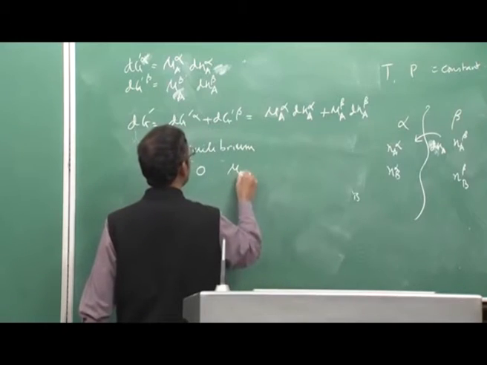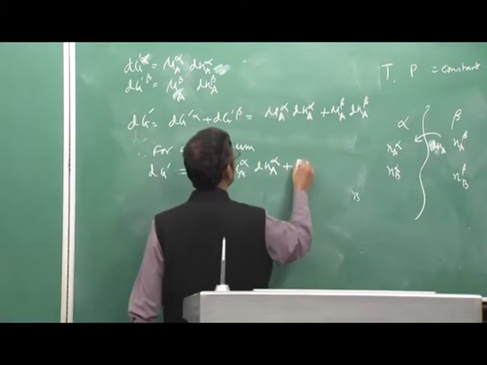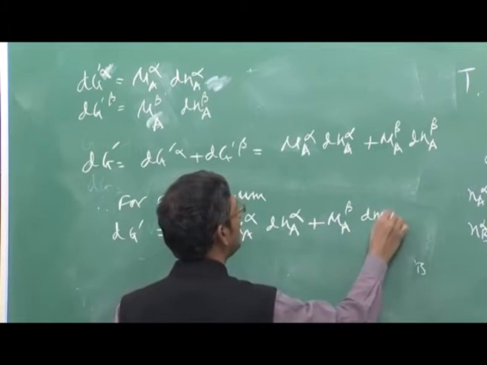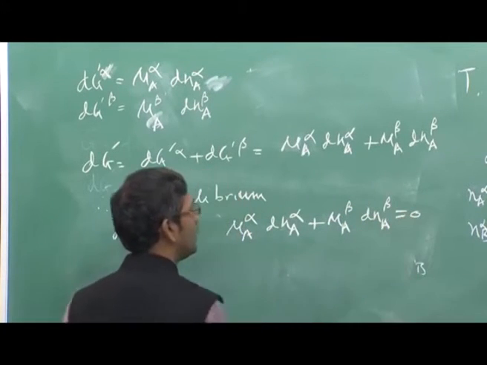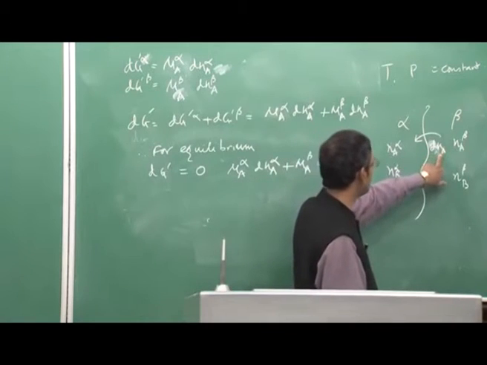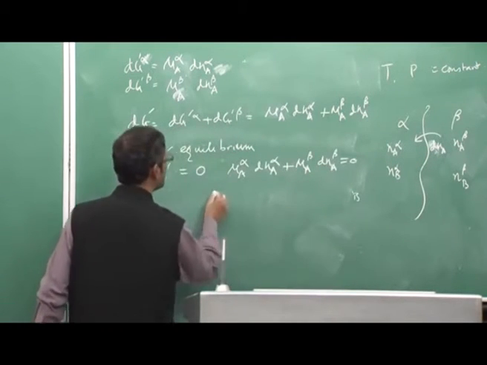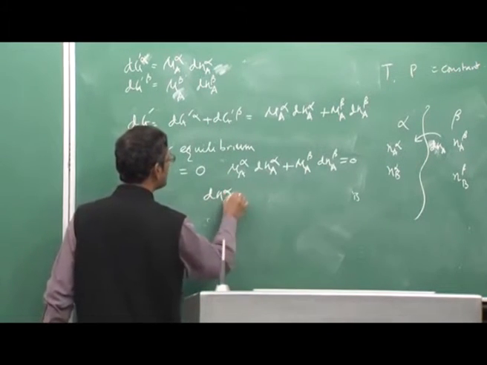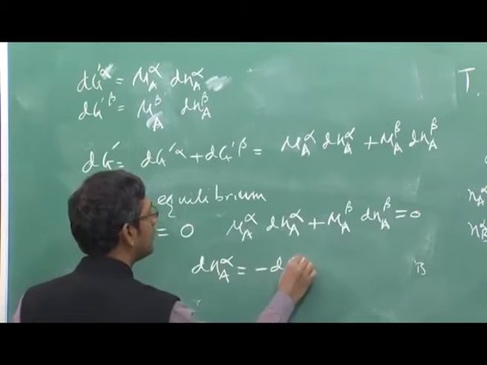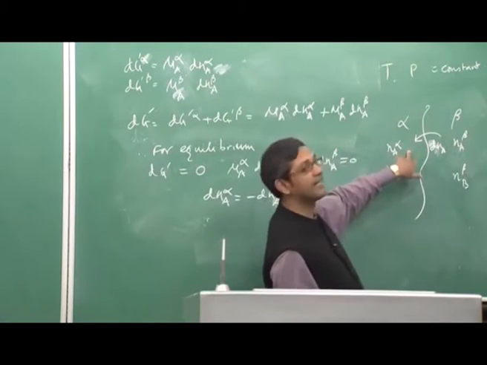That is, mu A alpha dNA alpha plus mu A beta dNA beta equals 0. As you know, I have transported dNA molecules from beta to alpha. Therefore dNA alpha must be equal to minus dNA beta, because whatever molecules I am transporting from beta are only getting added to alpha.